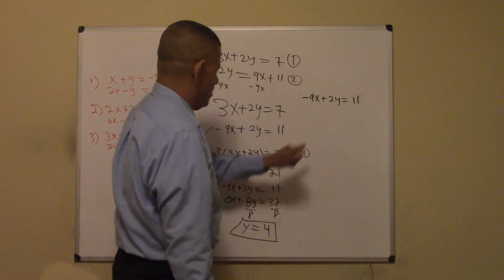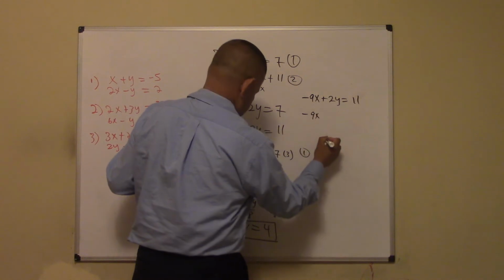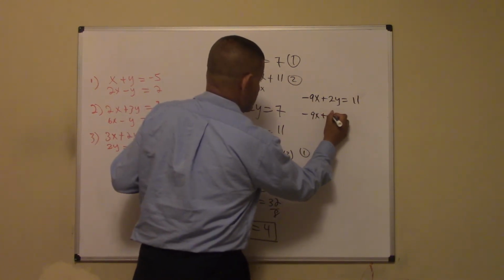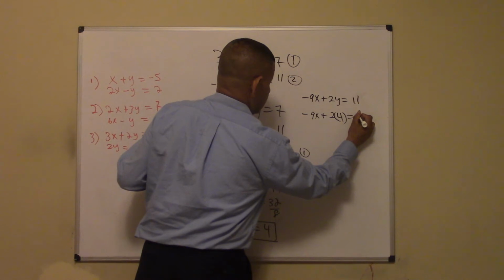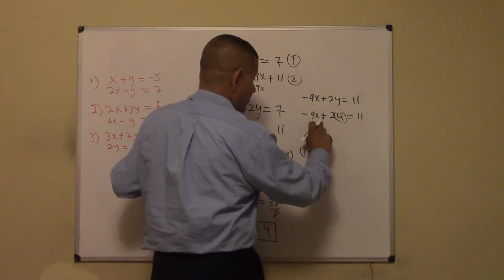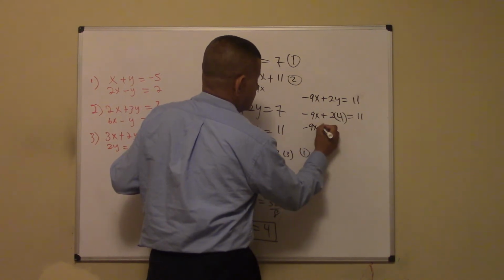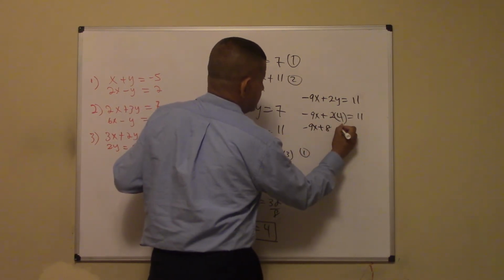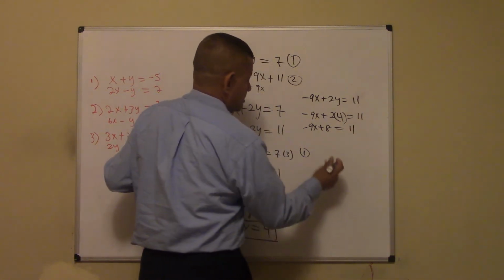And y is equal to 4, right? So negative 9x plus 2 times 4 equal 11. When I do the math here, I get negative 9x plus 8 is equal to 11.